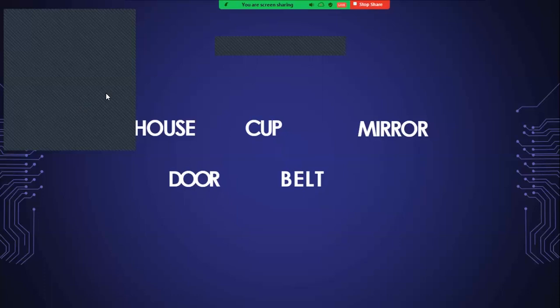Can I have Kelvin? Good morning. Can I know what material should I use to make a belt? Sometimes it's made of silk or sometimes made of... Fabric, maybe.